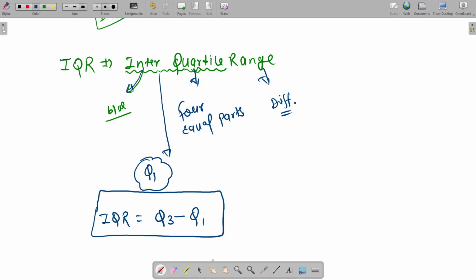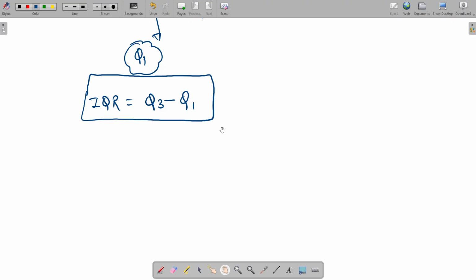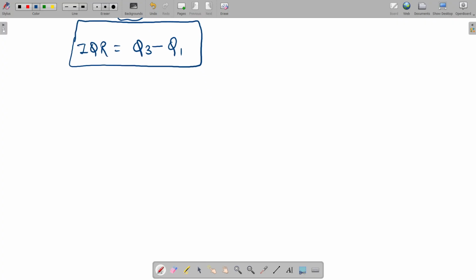Now the question is, what are Q1 and Q3, and how do we calculate them? Suppose we have one data set with some data points: 10, 12, 14, 15, 16, 20, 22, or any other random value, suppose 98.